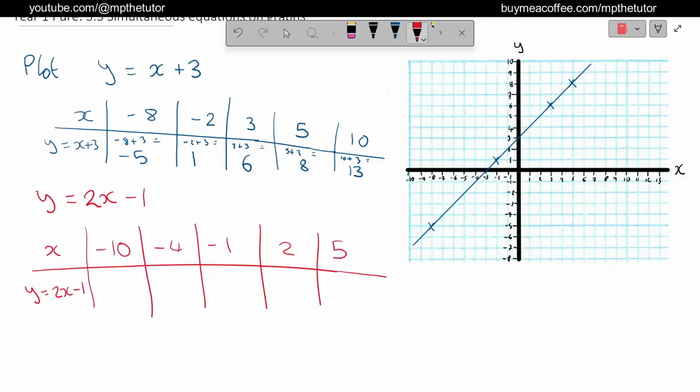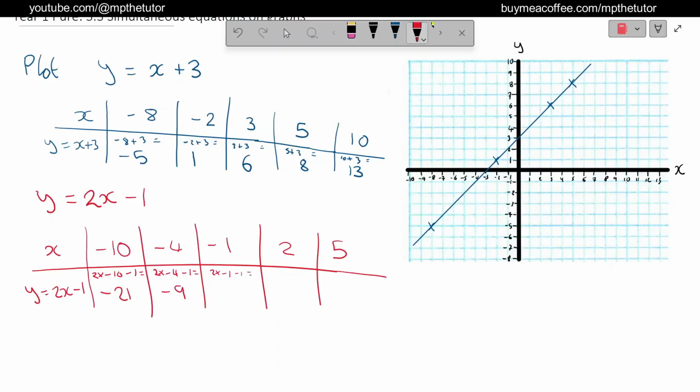So what we do is plug in our values. 2 times minus 10, minus 1. Well, 2 times minus 10 is minus 20. Minus another 1 is minus 21. 2 times minus 4, minus 1. Well, 2 times minus 4 is minus 8. Minus another 1 is minus 9. 2 times minus 1, minus another 1.